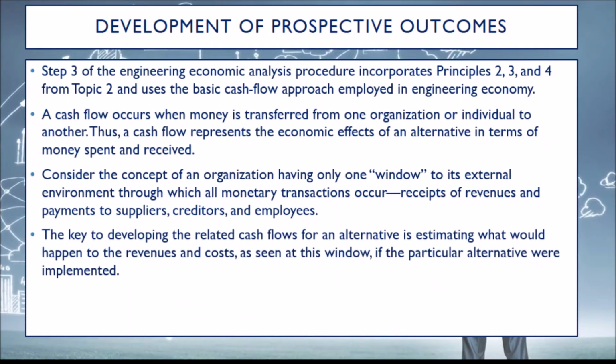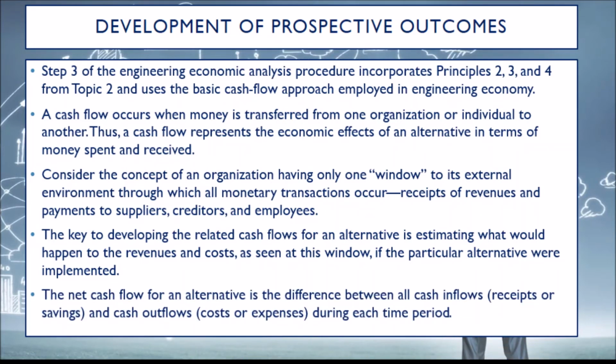The key to developing the related cash flows for an alternative is estimating what would happen to the revenues and costs as seen at this window if the particular alternative were implemented. The net cash flow for an alternative is the difference between all cash inflows and cash outflows during each time period.